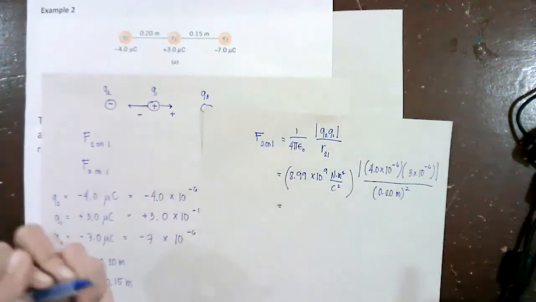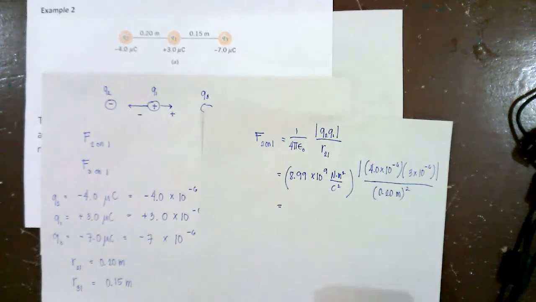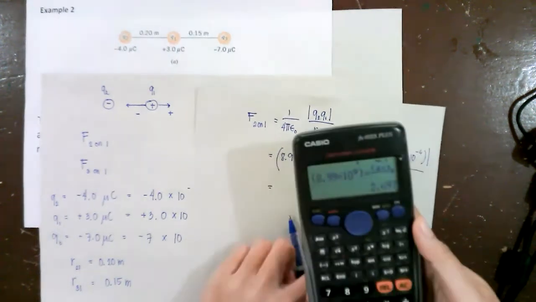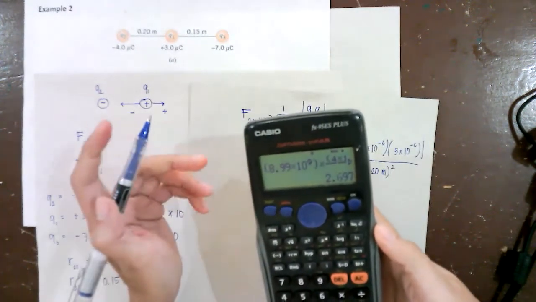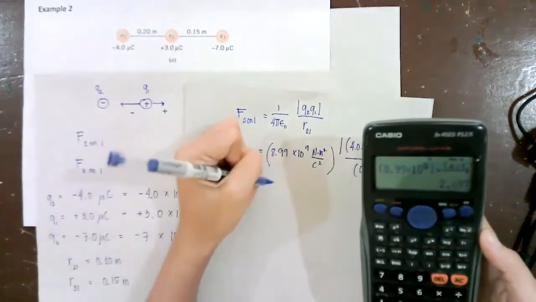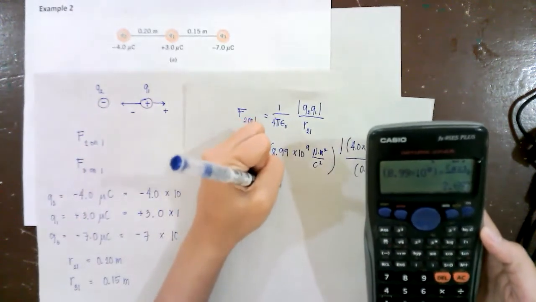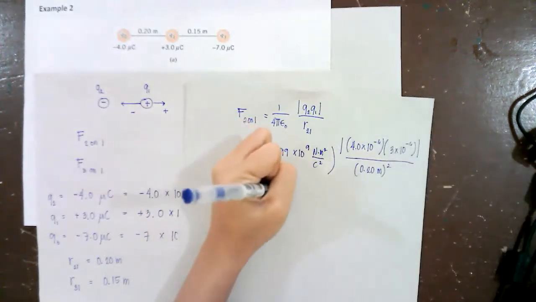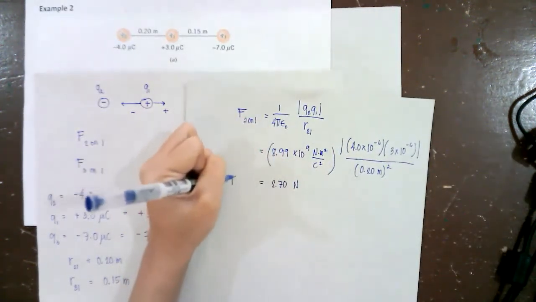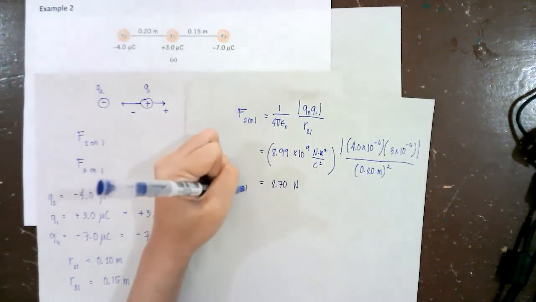So you plug in this in your calculator, and you will get 2.697 or 2.7. So you round it off. This is equivalent to 2.70 or 2.7 newtons. Okay, so this is now your force 2 on 1.